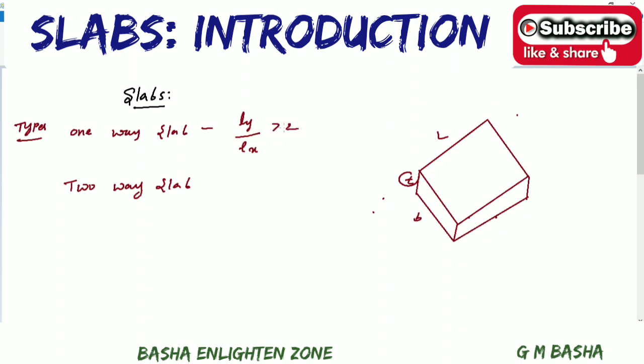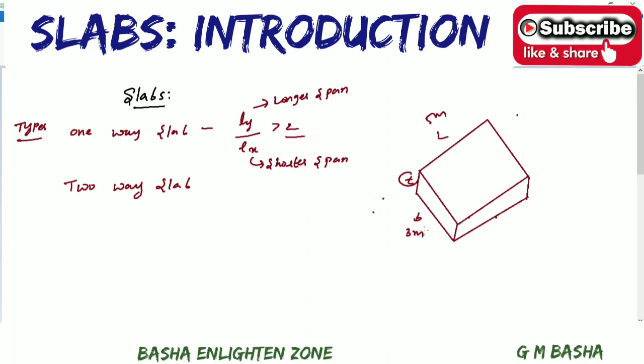The way to remember this is that it is the ratio of the longer span to the shorter span. If you observe here, the length will be long, say 5 meters, and in the breadth-wise direction, say 3 meters.